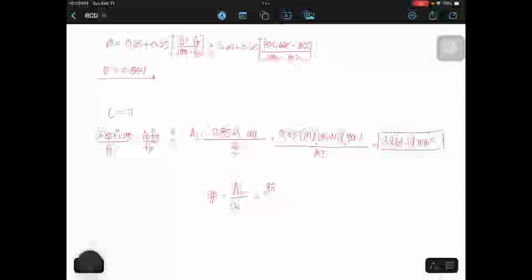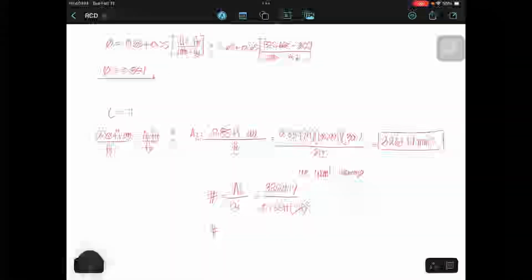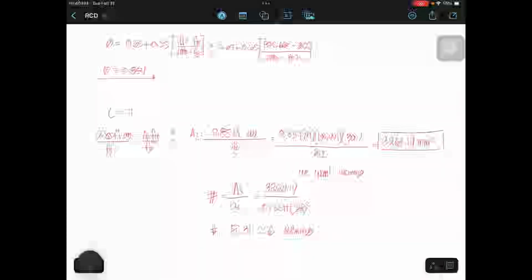So we have 3269.14, assuming we want 28 millimeter diameter. So we have 0.25 pi times 28 squared. The number of pieces needed is 3269.14 divided by 0.25 pi times 28 squared. We have 5.31, or approximately 6 pieces of 28 millimeter RSB.